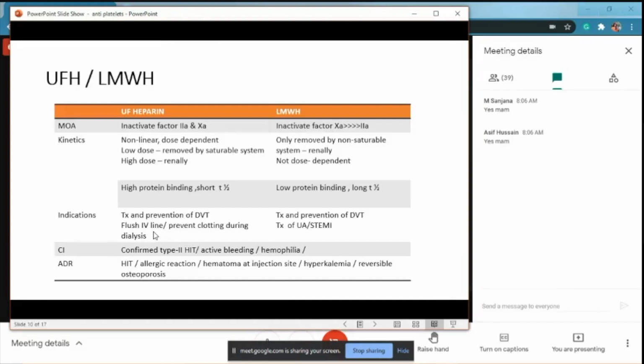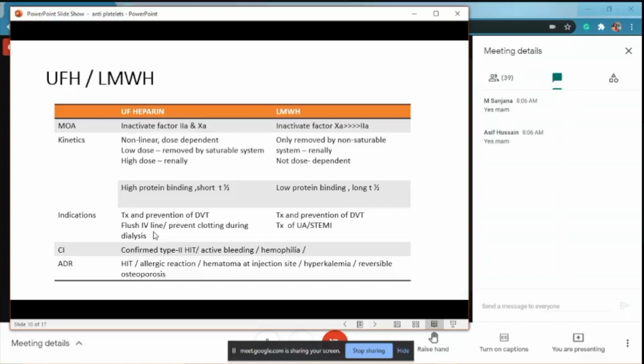Now, what are the adverse drug reactions? Again, allergic reactions. Patients can develop fever, chills, rashes, all the hypersensitivity, right? And sometimes hematoma at the injection site. So we do not recommend injecting IM. The route is usually sub-Q or IV.